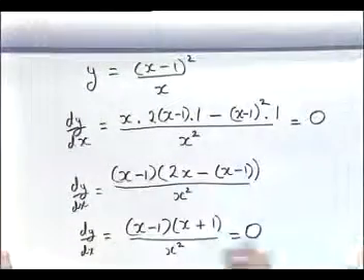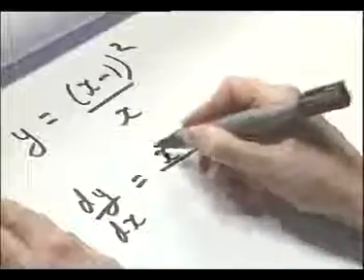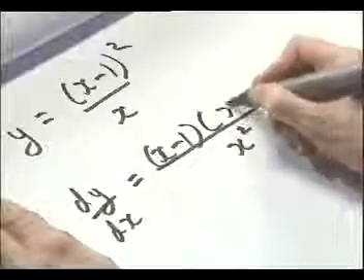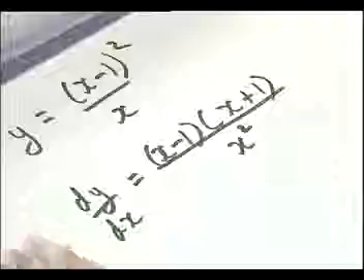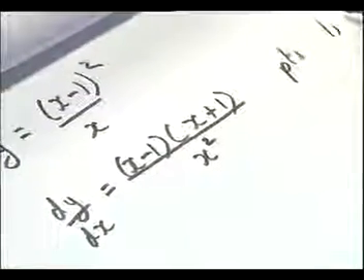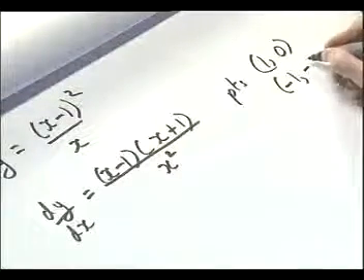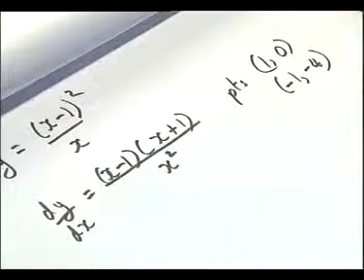And let's just go back so we can see what the numerator was. It was (x minus 1) times (x plus 1). And our 2 points are the points (1, 0), and (minus 1, minus 4).